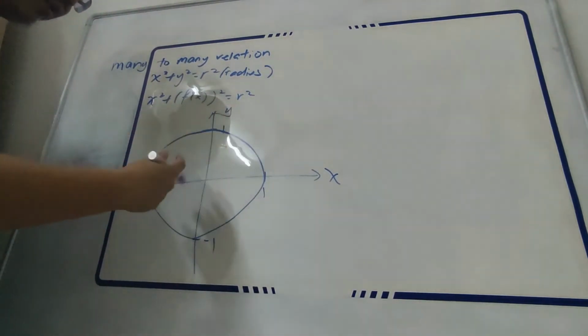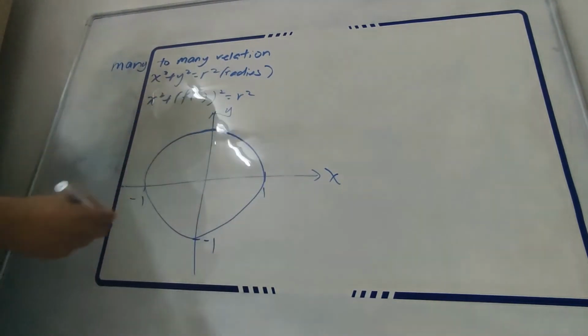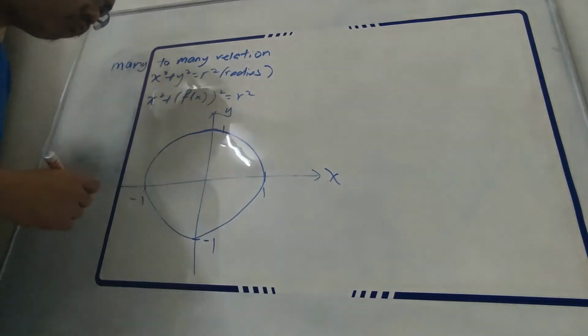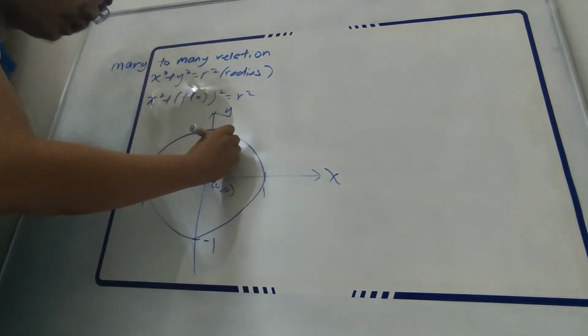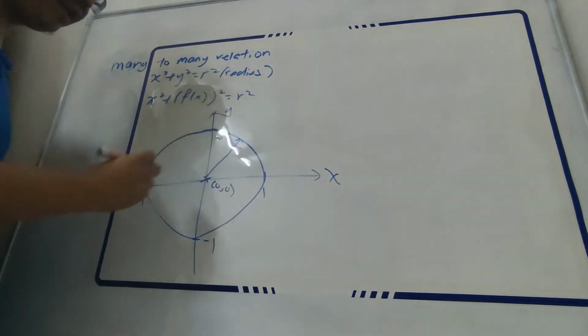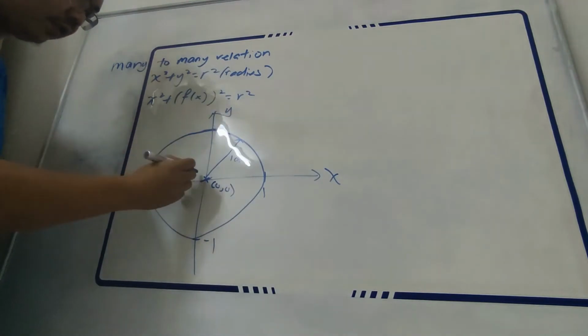The circle actually is a bit not regular, but assume it's a circle. So of course this is the center, the origin. Each coordinate with respect to the origin is 1 cm, representing the radius of the circle.